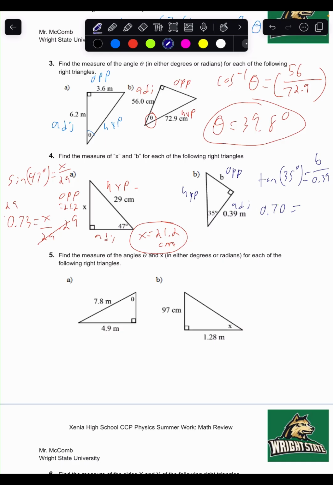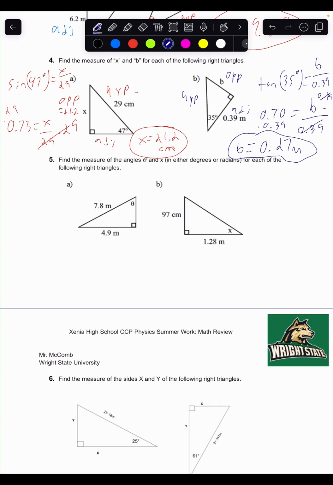So 0.70 equals b over 0.39. To solve for b, we multiply both sides by 0.39. That cancels here. b is going to be equal to 0.27 meters. All right, easy peasy. Next question.